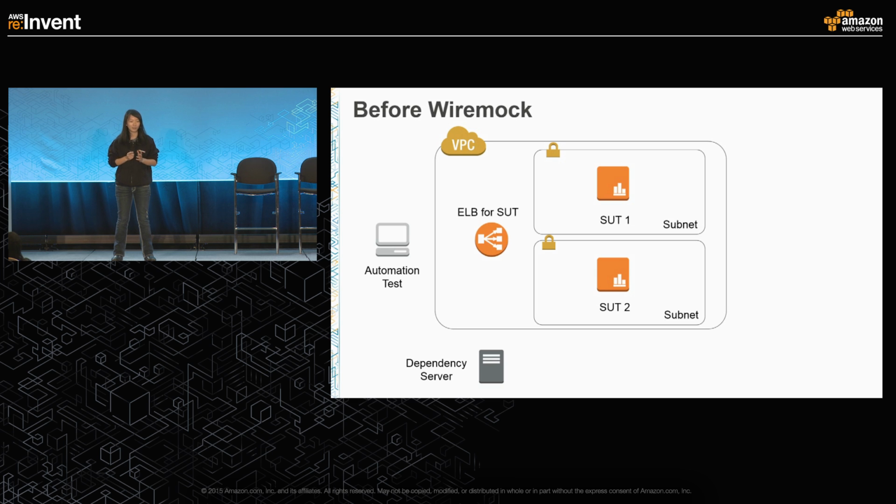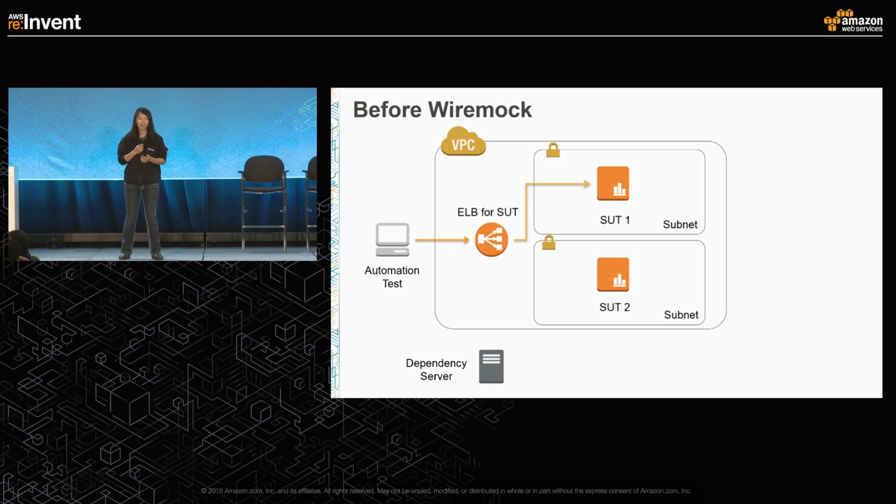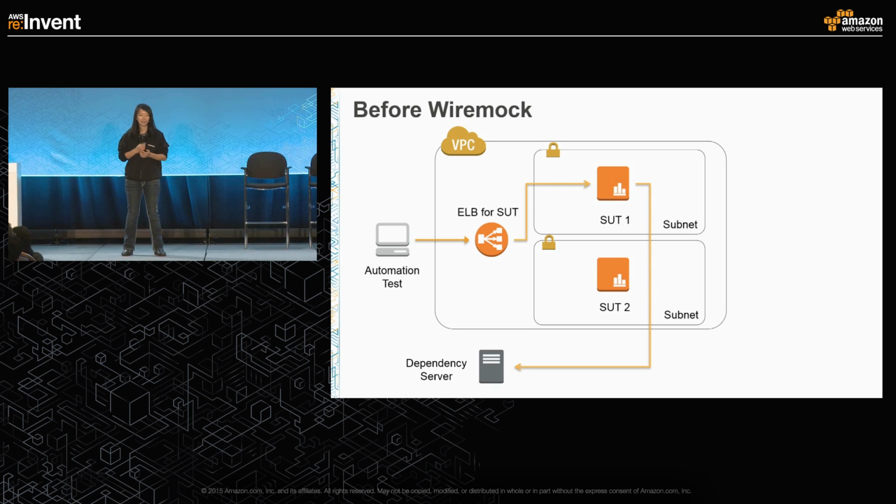So the flow before Wiremock will look like this. The automation task will talk to the SUT load balancer. It could forward to SUT2, or it could forward to SUT1. We do not control that. The load balancer controls that. Let's say forward to SUT1, then it needs to talk to the dependency server.